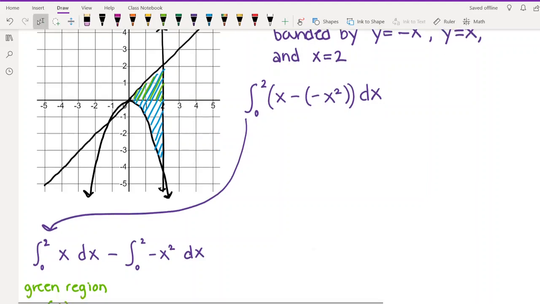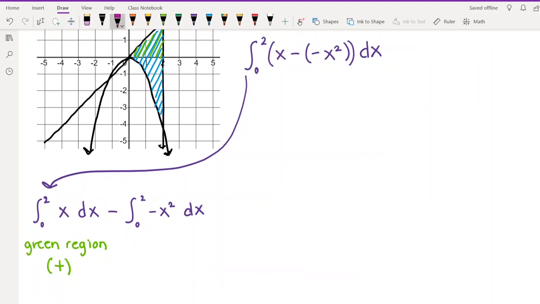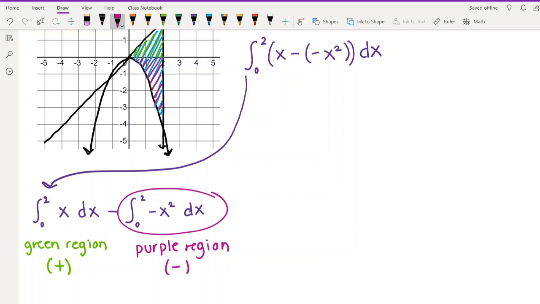Now forget about this first integral, let's just focus on this one. What would you get if you were to integrate negative x squared from 0 to 2? Well, that would be looking at this purple region. This purple region lies below the x-axis, so you would get a negative result, right?